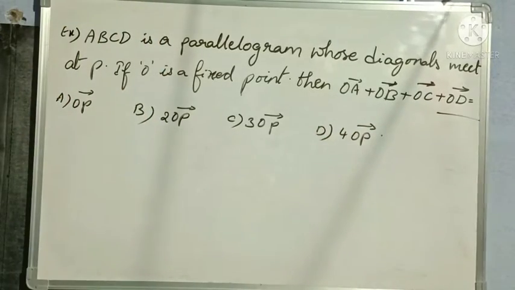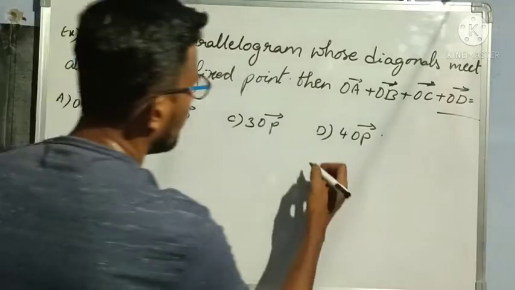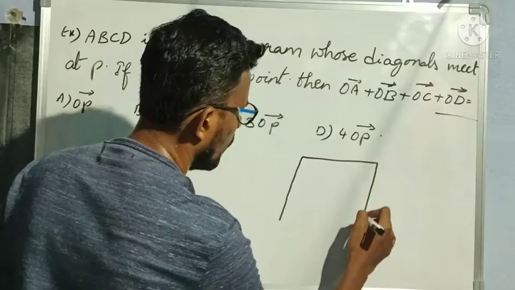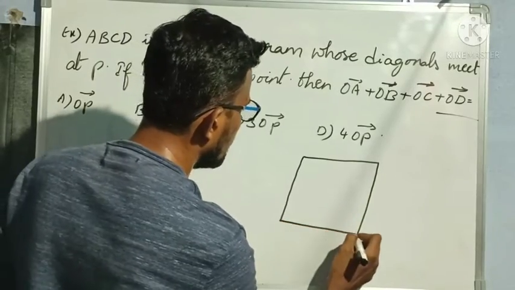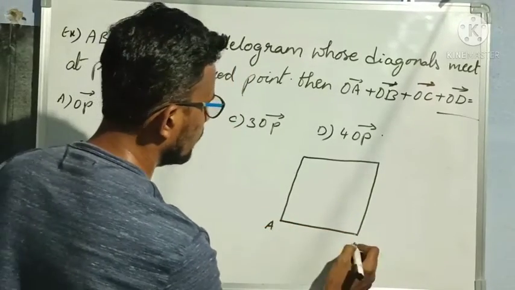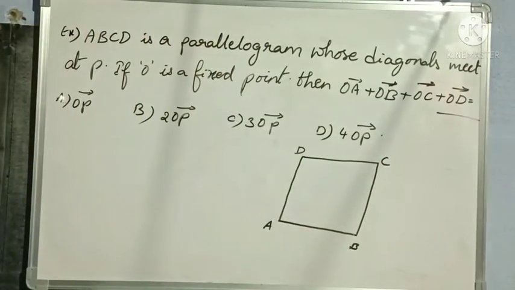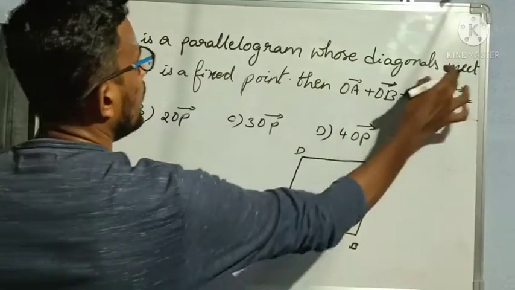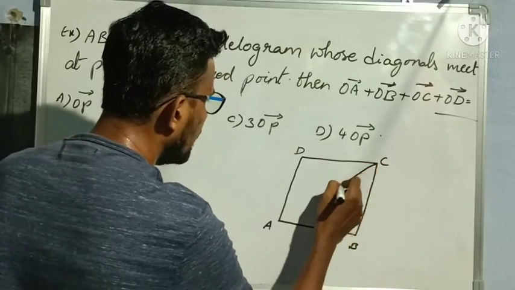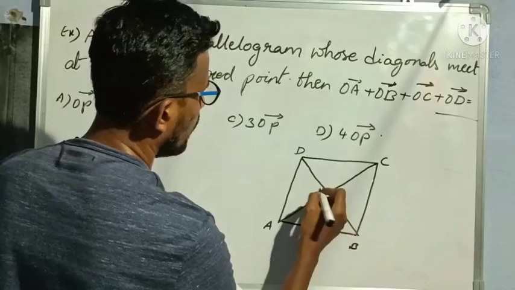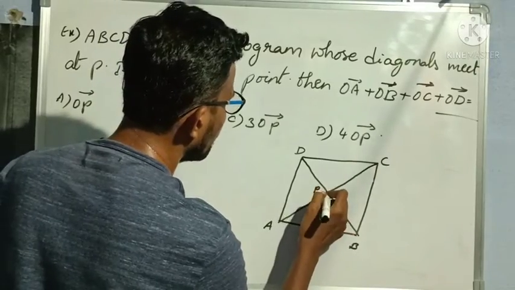He has given that ABCD is a parallelogram. First, let us draw the parallelogram ABCD here. This is my parallelogram ABCD. And he is saying that the diagonals AC and DB meet at point P. So this is the point of intersection of the diagonals.